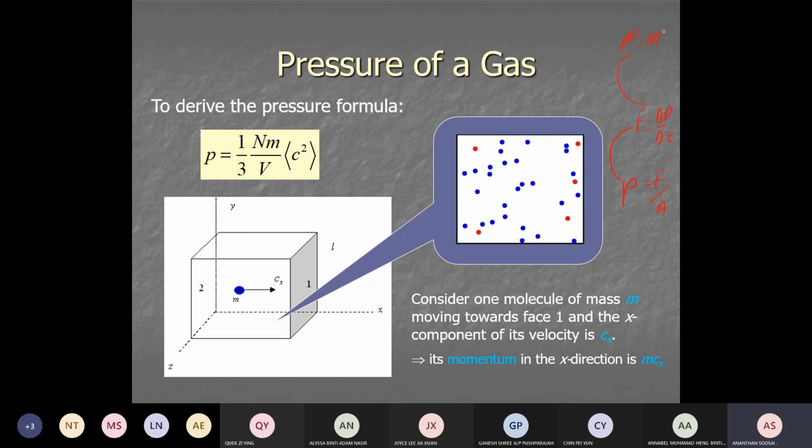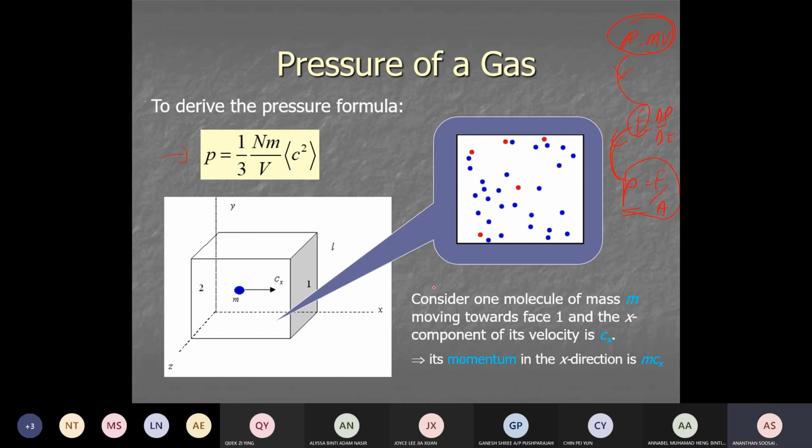Momentum is mass times velocity. So the derivation of this equation is going to start with momentum. From the momentum of the particle we get the force exerted by the particle on the wall. Then finally we get the pressure formula. This is the road to finding the pressure formula, roughly 3 steps.